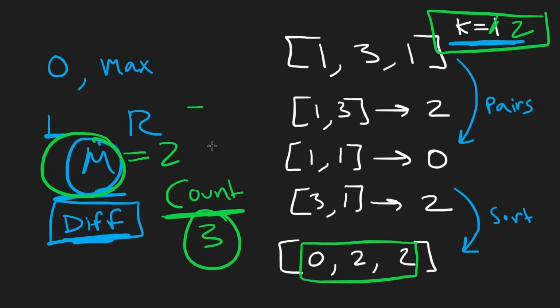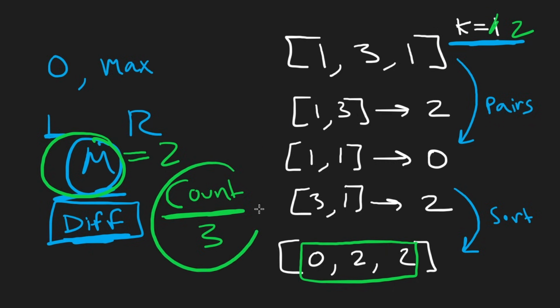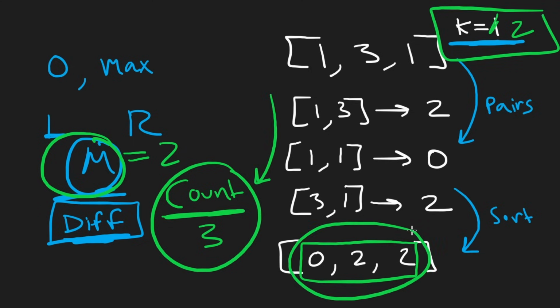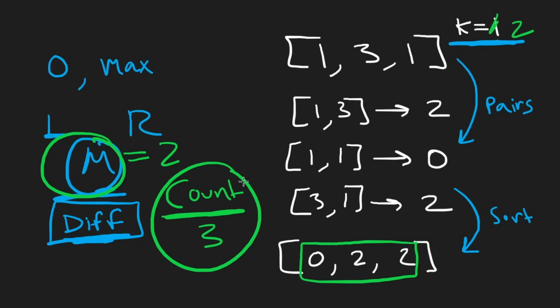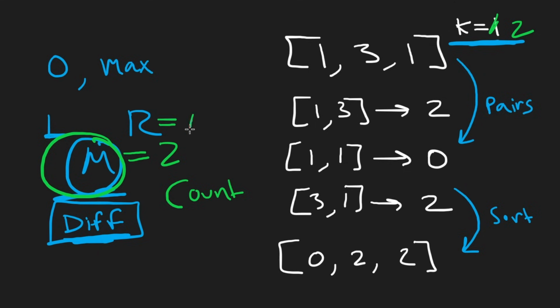So the approach that we're going to take is this. If the count is greater than or equal to k, it could include the solution. This subarray that we looked at could include the solution. So in that case, we're going to set our right pointer equal to mid. But if the count was too small, suppose the candidate that we tried was mid equals 0, we would have counted this subarray, which includes all elements where the difference is less than or equal to 0, and it's of size 1.